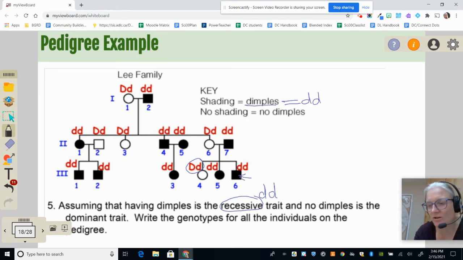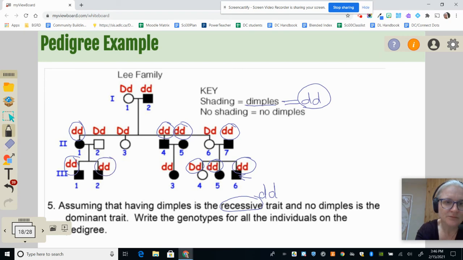So the only genotype you can have is little d, little d. So all these homozygous recessive genotypes can be drawn for any of the individuals that have a solid shading, including dad up there.